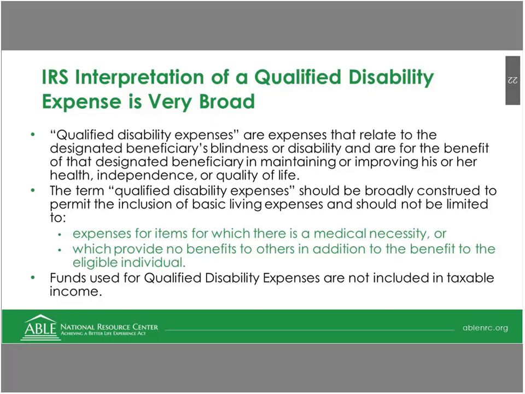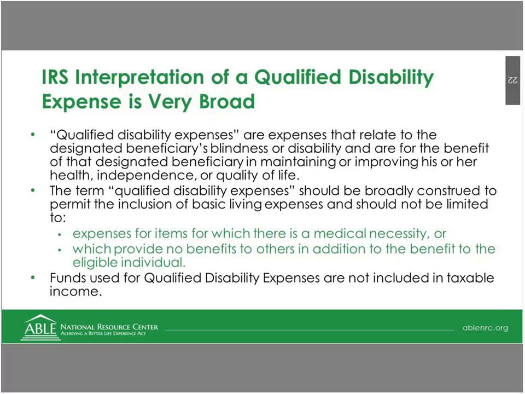This gets a little tricky, so let me give some examples. The expenses are supposed to be for the primary benefit of the person with a disability. That's what the law says, and that's what these funds are supposed to be used for. But it does not exclude expenses that could have peripheral benefits to others. As an example, a person could save up money in their ABLE account to purchase an accessible van because they are in a wheelchair.